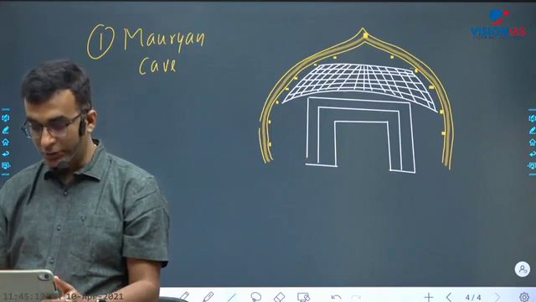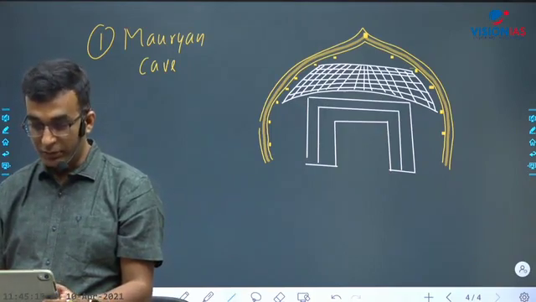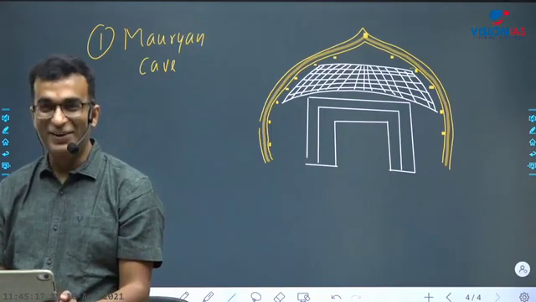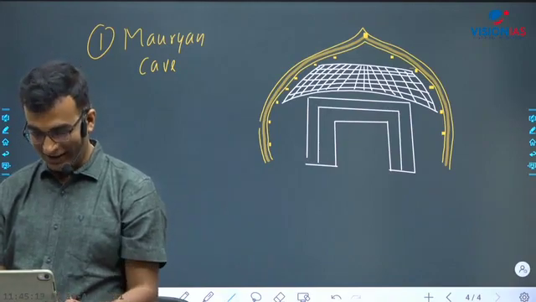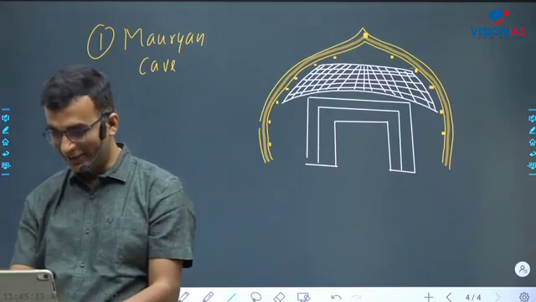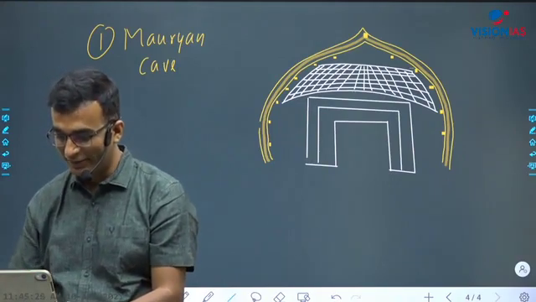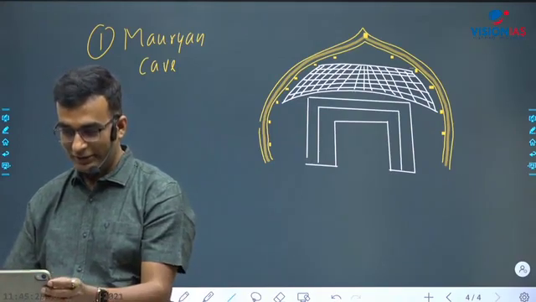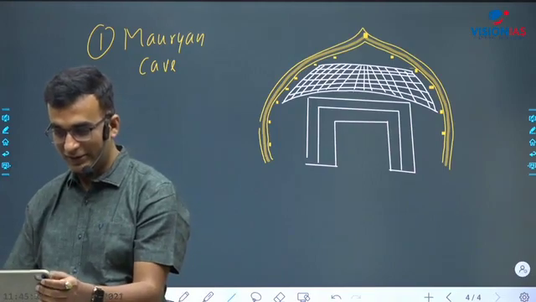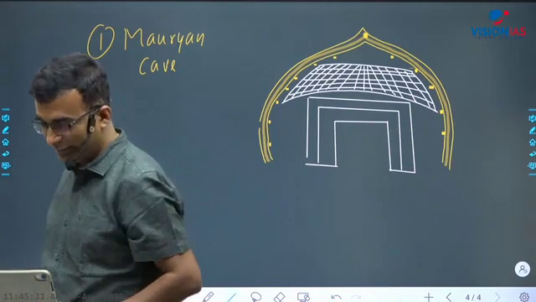As I said to you, art and culture is a subject of the image. Yes, when you are writing the answers, then it is subject to image, how much marks you will get. But the very first thing is look at the images.